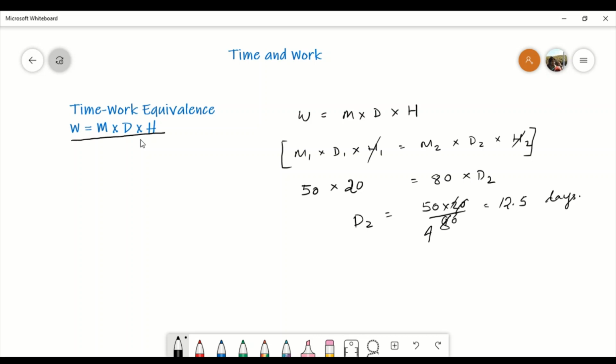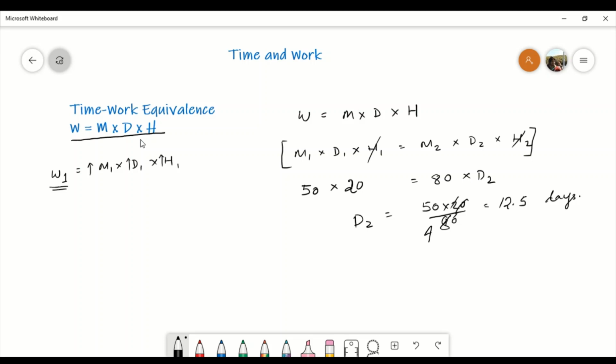Similarly, if our work is not constant, we can define W1 as M1 × D1 × H1. You can see that the work is directly proportional to all of these entities. If we increase the number of men while keeping D and H the same, the work will increase. If we increase the number of days while keeping the men and hours the same, the work will again increase.